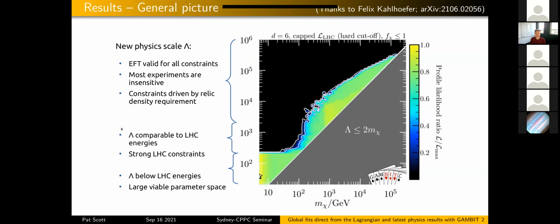At intermediate values, you basically have lambda just high enough to keep the LHC constraints valid, and you have strong constraints from the LHC. Whereas once you get lambda low enough, the LHC constraints become invalid, and you actually have a fairly large viable parameter space.